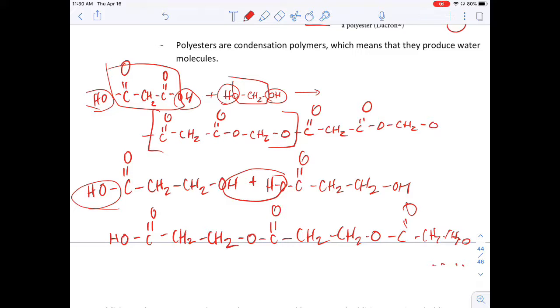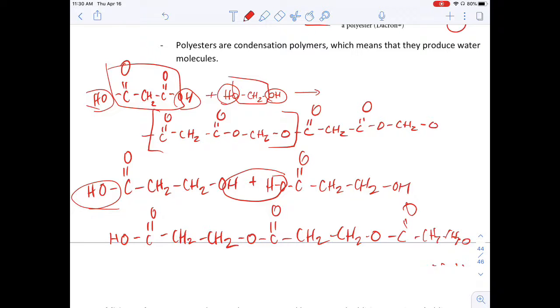And it'll keep doing that as long as I keep giving it monomers to react with. Once there are no monomers to react with, it'll either stop the reaction entirely, or it'll react with something on the end like water, or an oxygen or something from the air, and it's going to stop the polymer reaction.